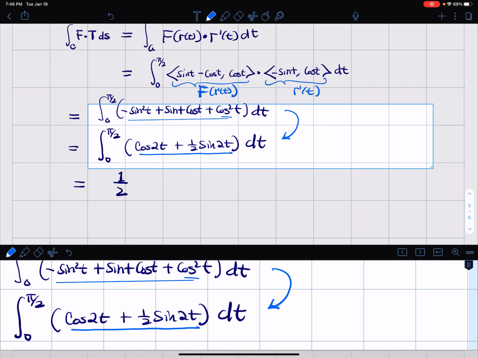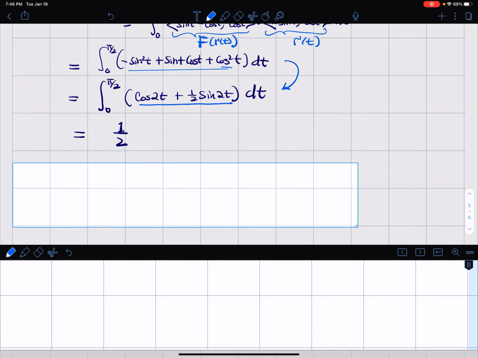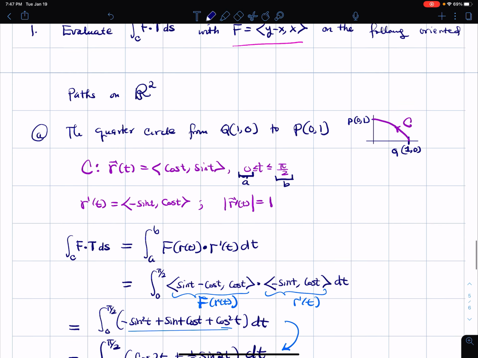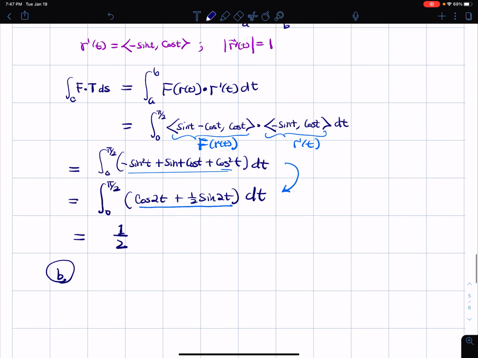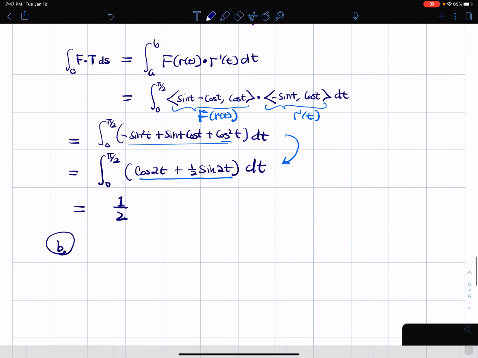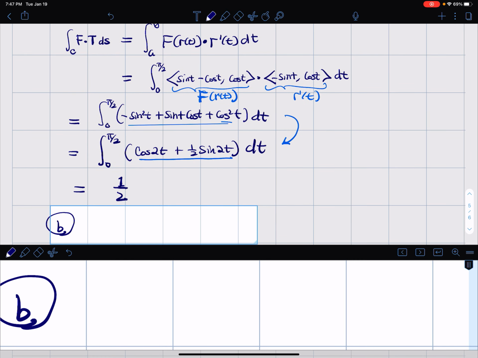Okay. So now I want you to try something. The first one, we're going along the quarter circle from Q to P. Now, how about from P to Q?